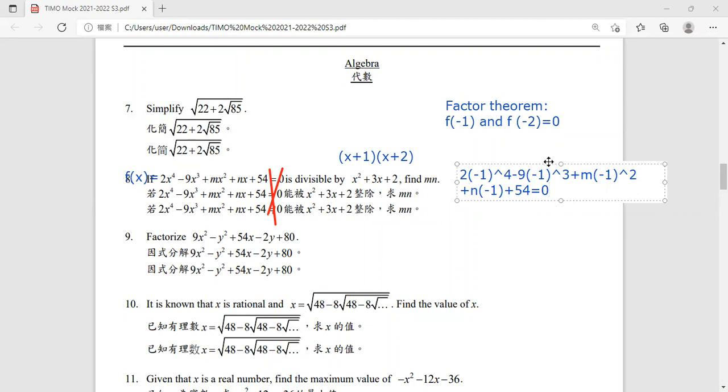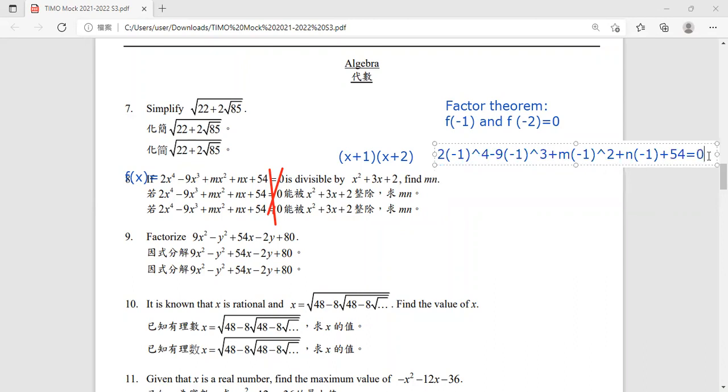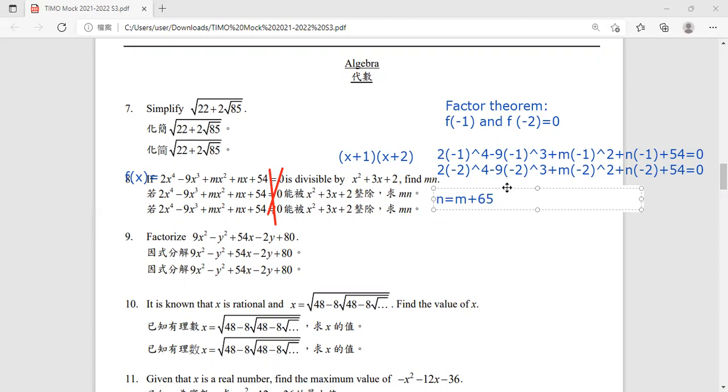The first equation is here. And the second one, all the things become negative 2. So after simplification, we've got m equal to n plus 65 and m equal to 2n plus 79.